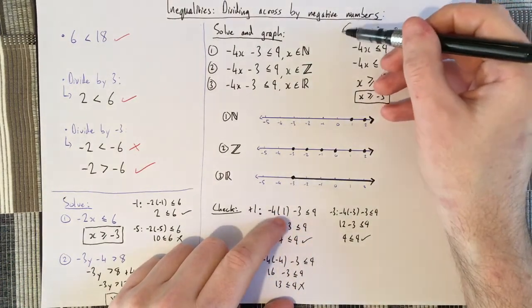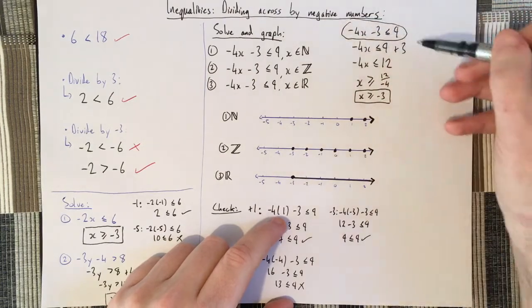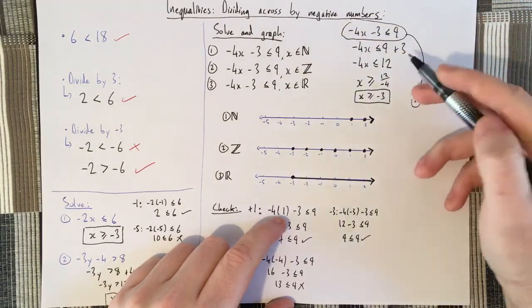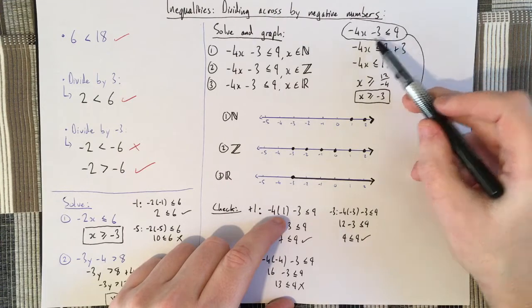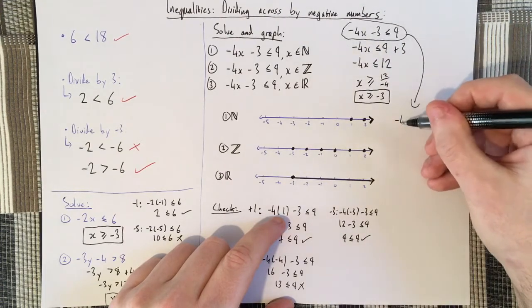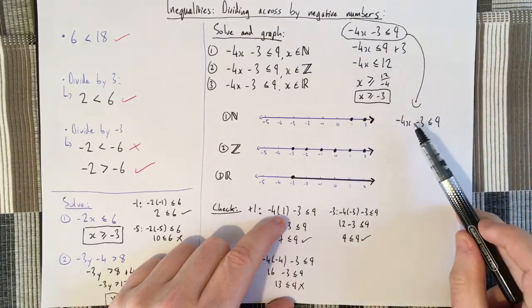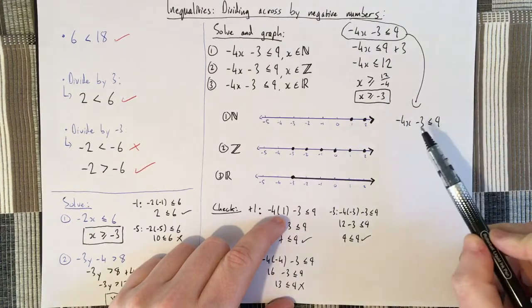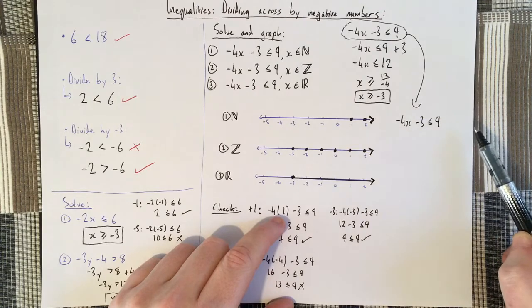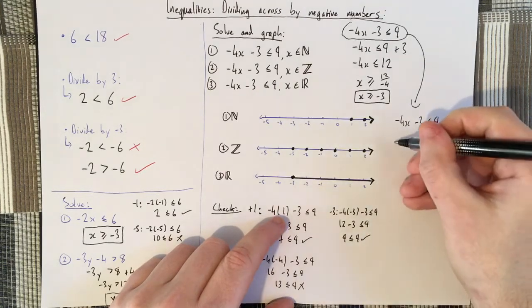So if I start with this, I'll write it out again: -4x minus 3 is less than or equal to 9. Instead of leaving the x on the left hand side, I could move my x's to the right hand side to make them positive. I'm leaving the -3 where it is.